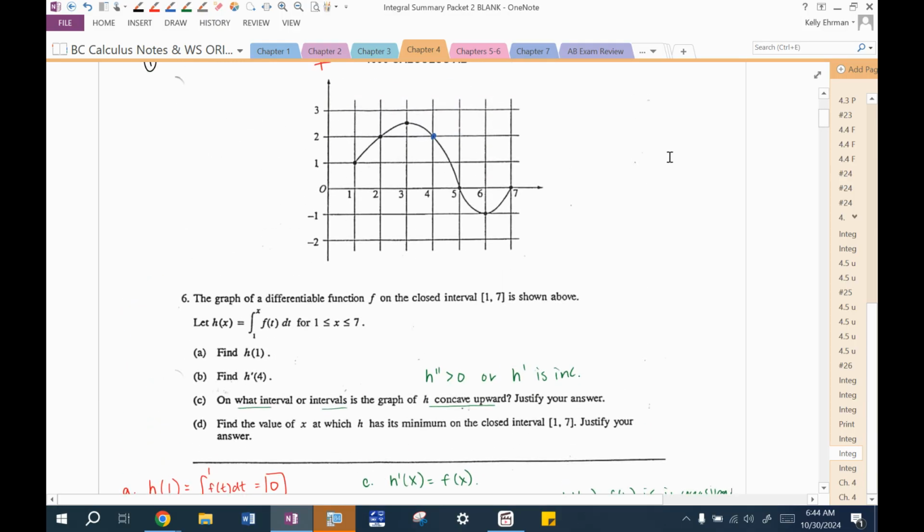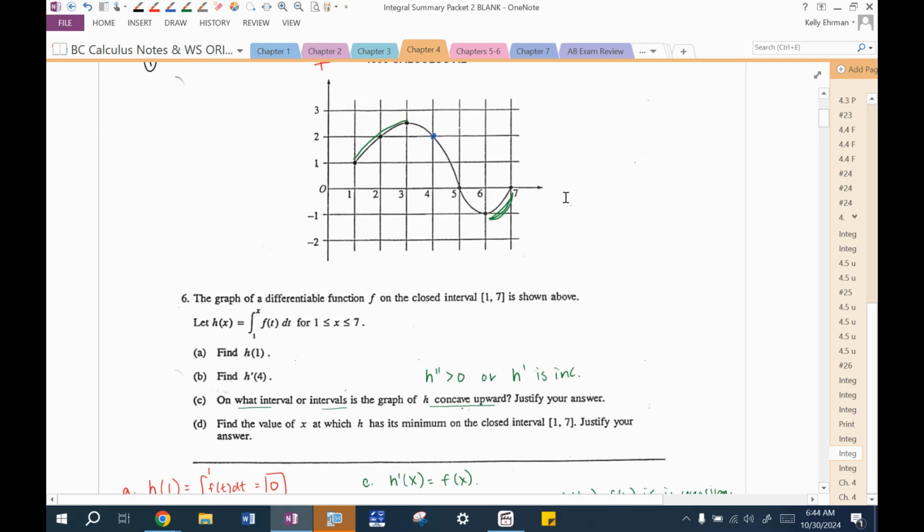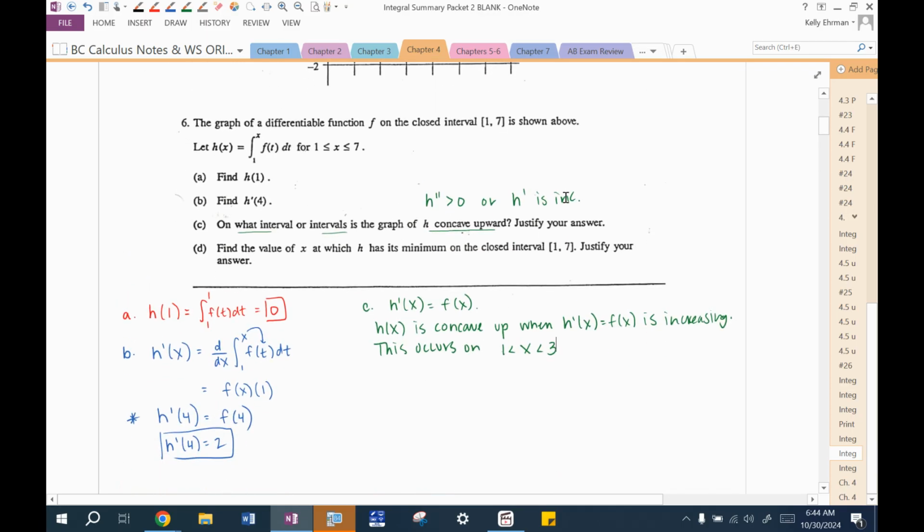So let's take a look at f's graph. f is increasing from 1 to 3, and then it increases again from 6 to 7. So this occurs on the interval 1 to 3. I'm not going to include my endpoints because I said increasing, and I'm not considering endpoints to be increasing.